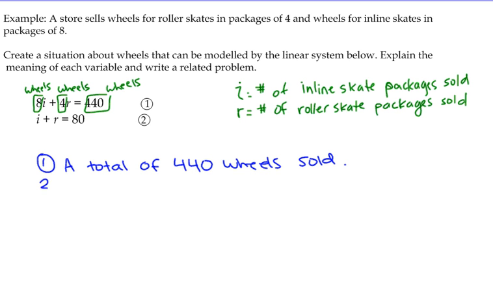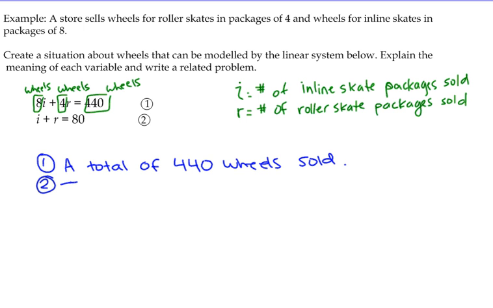Equation 2, how did they get I plus R equals 80? Let's read through it again. What does I stand for? Packages. So the number of inline packages plus the number of roller skate packages equals 80 packages, because it's all packages.